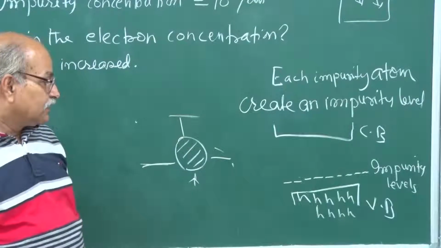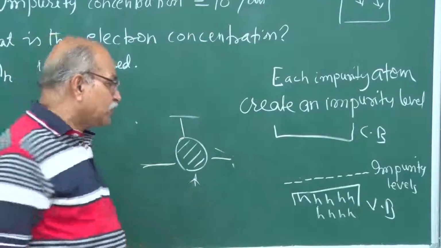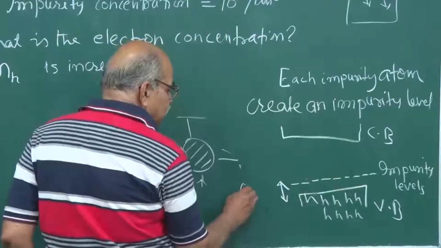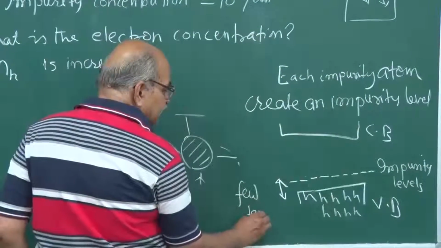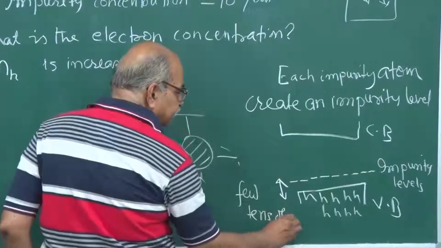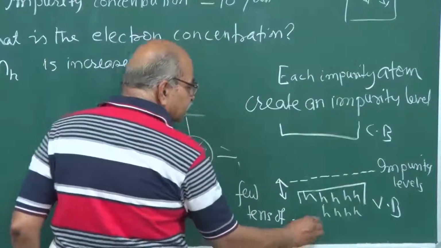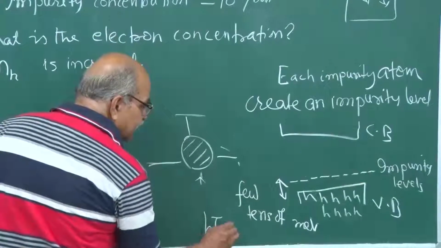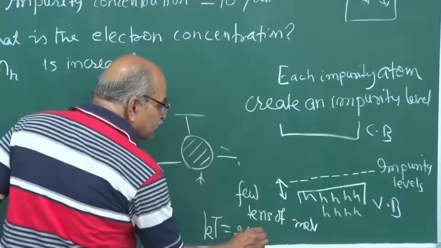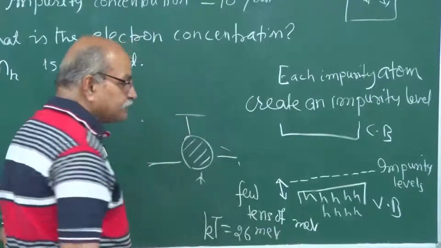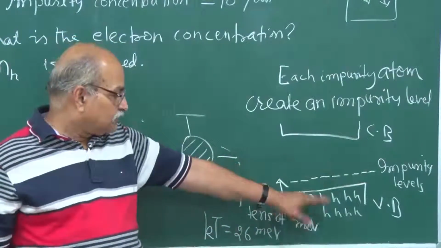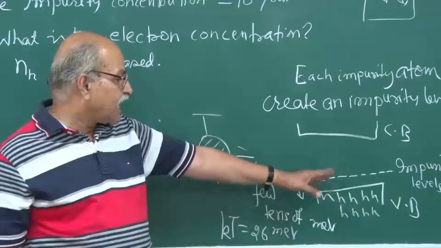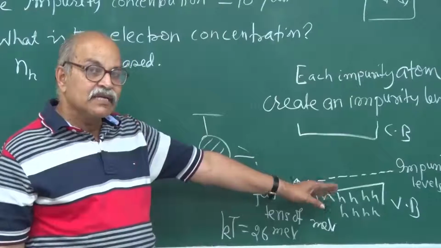But then this ionization is very quick, because this difference is small. This difference is only a few tenths of a milli electron volt, and kT itself, k times T, is at room temperature 26 meV. So quite often the electrons will fill that gap and holes will be created here.